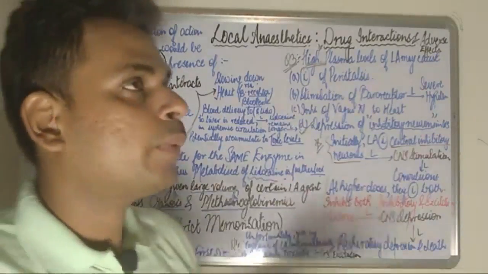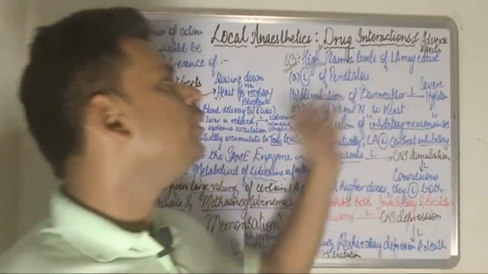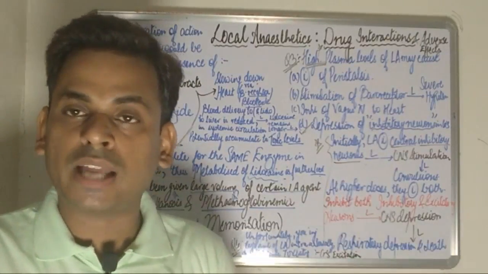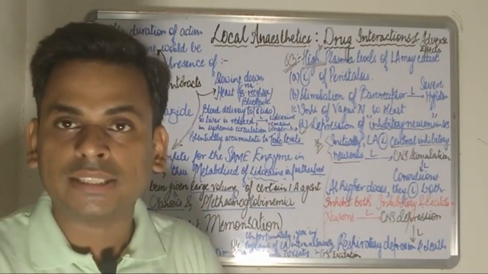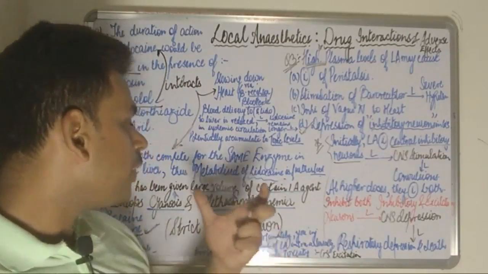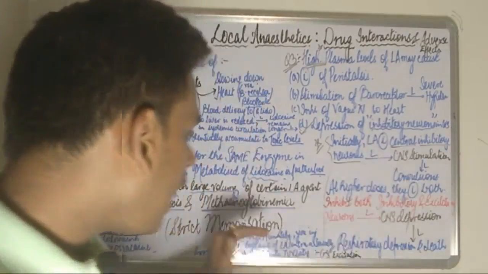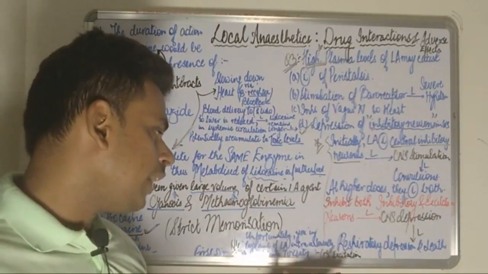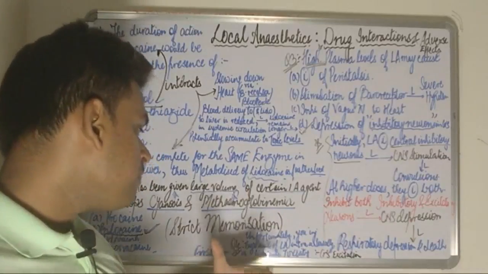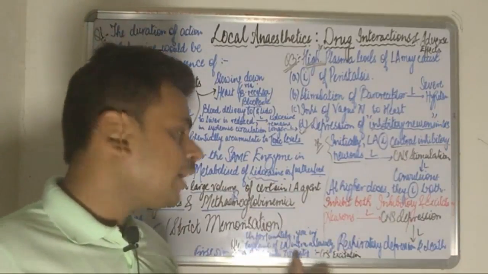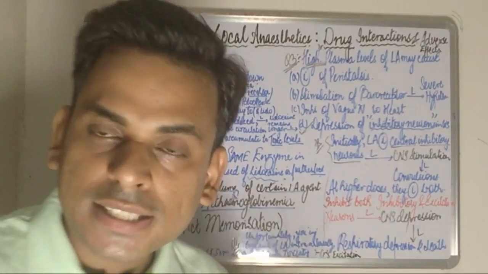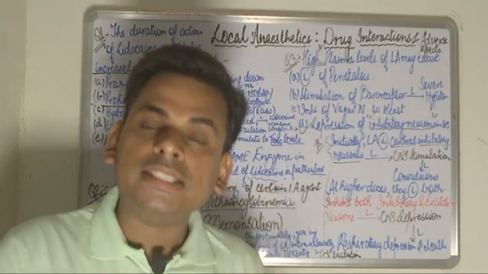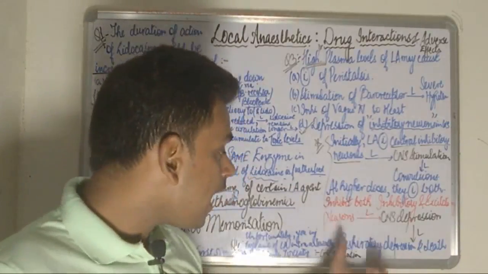Moving on to the next question, the same question has been reworded in a different format, and this is another very favorite question asked in NEET PG and other competitive exams. The question says: unfortunately, you injected a large amount of local anesthetic intra-arterially. The first sign of lidocaine toxicity, that is, the first sign of local anesthetic toxicity, is going to be CNS excitation.